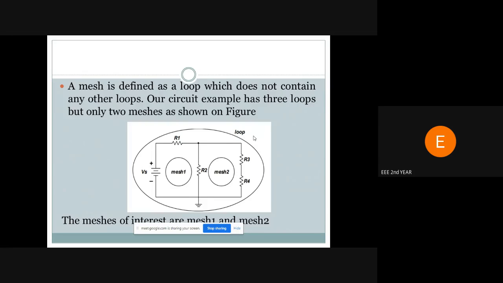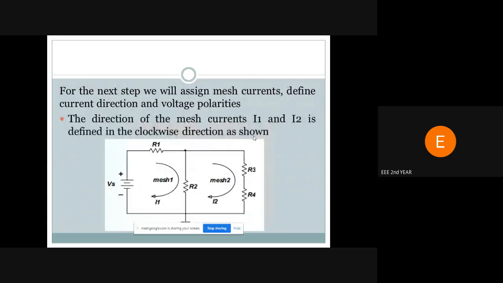So for the next step, we will assign the mesh current, define the current direction and the voltage polarities.